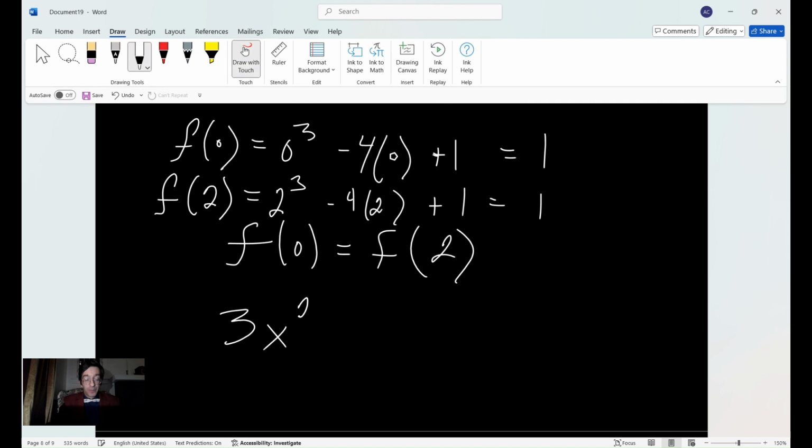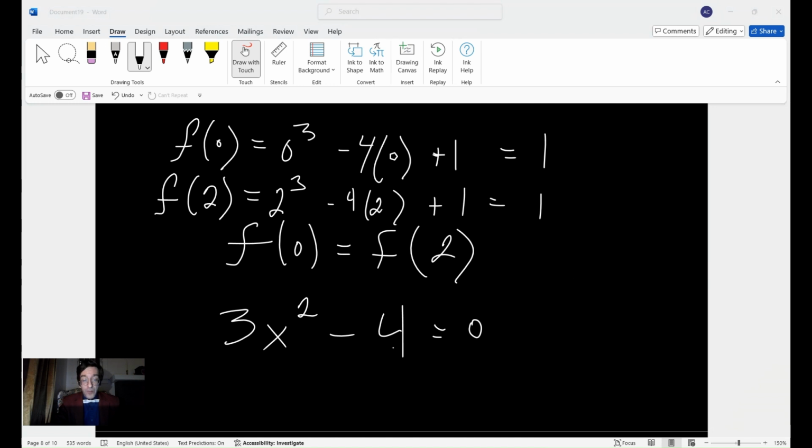This is the derivative. And in that case, you're going to set f prime of x to 0. We're going to find the critical points. So if we set this equal to 0, we're going to do some algebraic manipulation here, right?